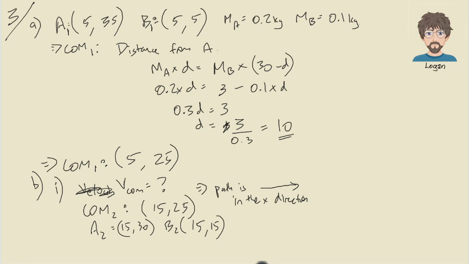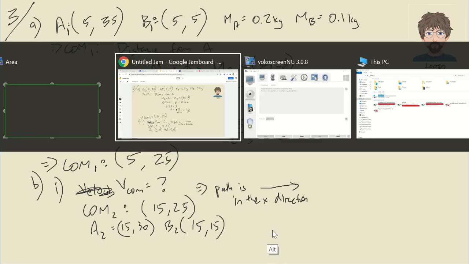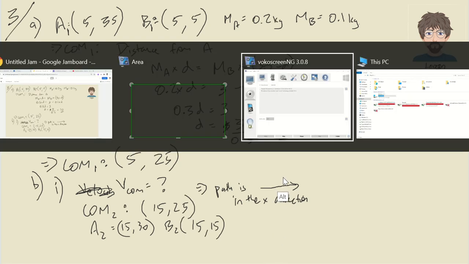So if we know that the center of mass tracks along the 25 line, then I think we also know that this puck at B3 is going to match that nicely. Let me just do a bit of quick recon on this first.